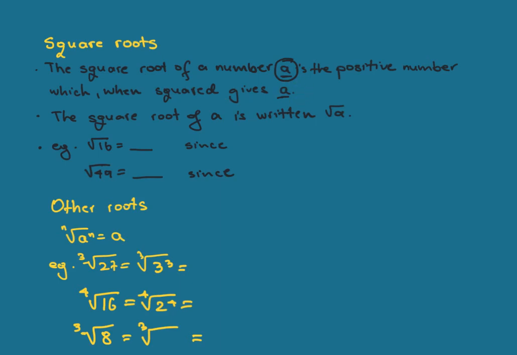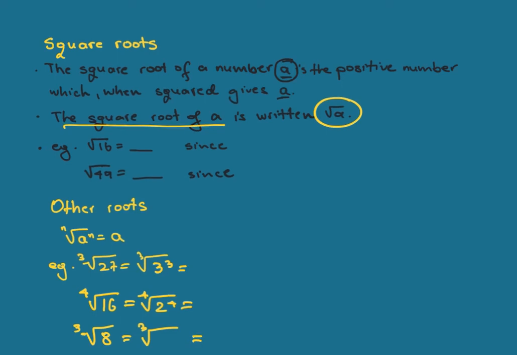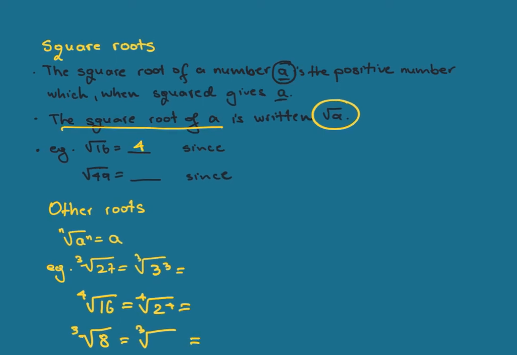The square root of a is written like this, square root of a. Example, square root of 16 is equal to 4, since 4 to the power of 2 is equal to 16. Square root of 49 is equal to 7, since 7 to the power of 2 is equal to 49.